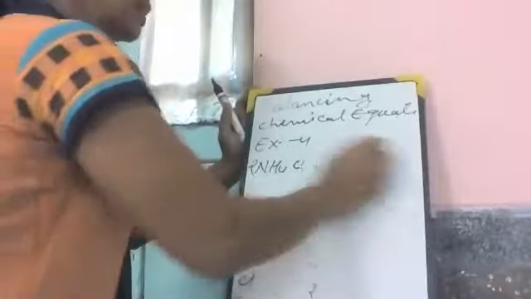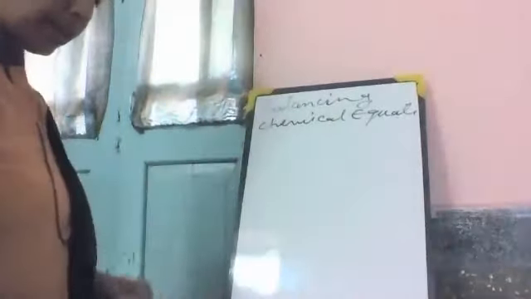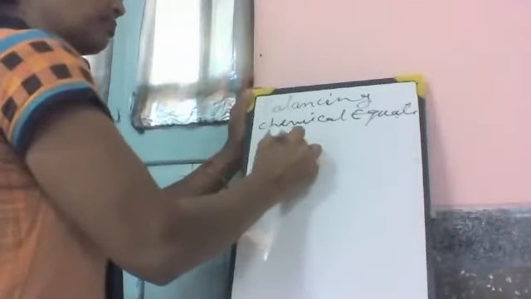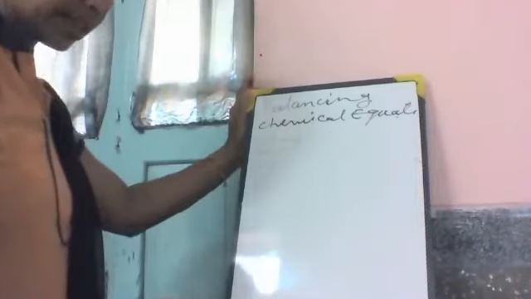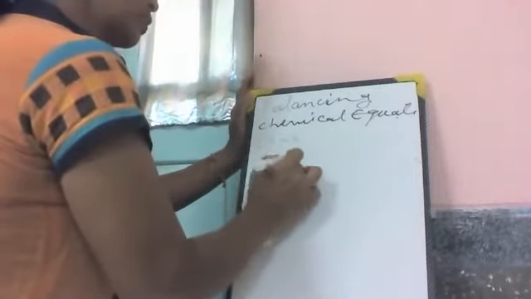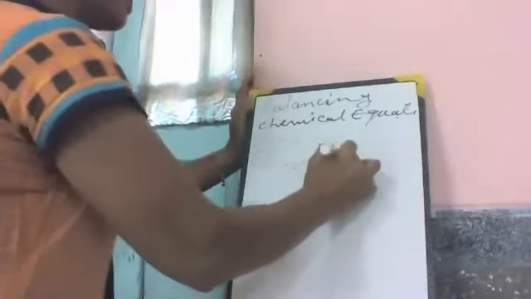Next, I can take one more example. It is example number 5. It is K2Cr2O7 plus HCl.